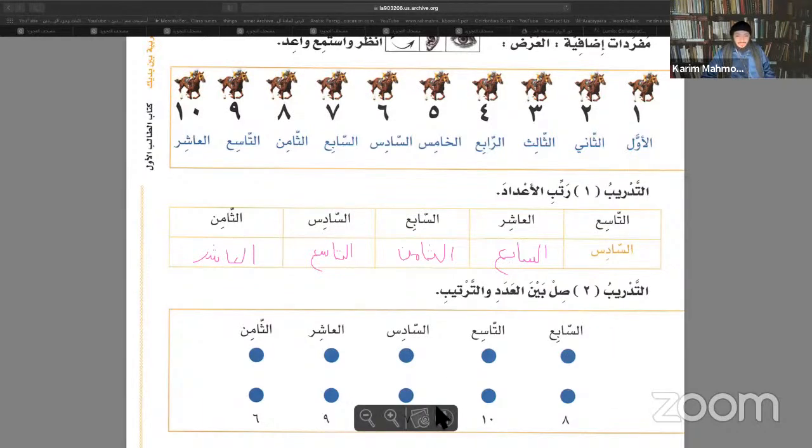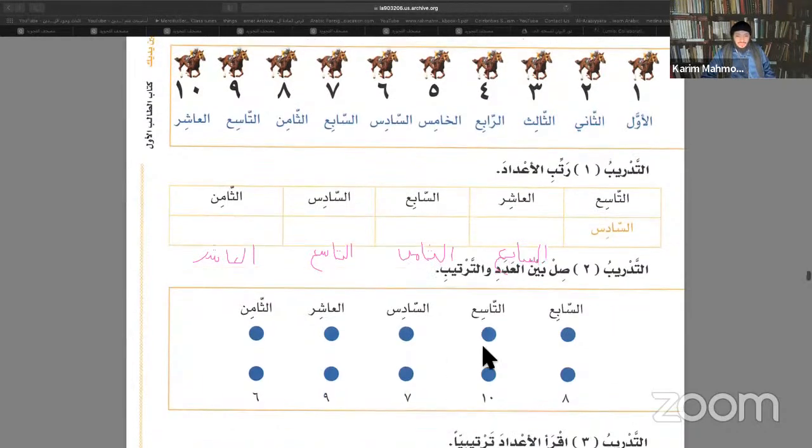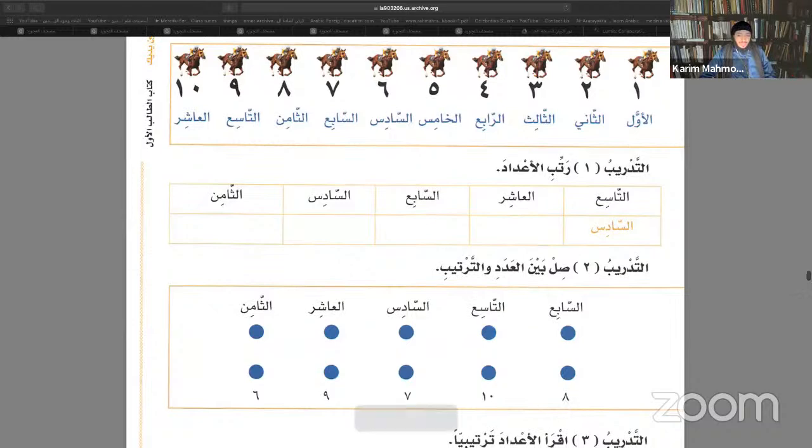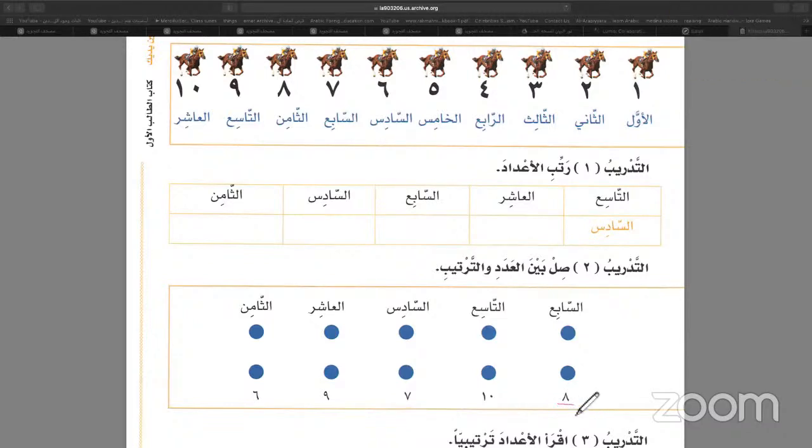Ahsantum. Okay. Next one here. It says sil. Sil means connect. Bayna means between. Al-a'dad means the numbers. Wat-tartib, okay, the order, the ranking of numbers. So which number is this?